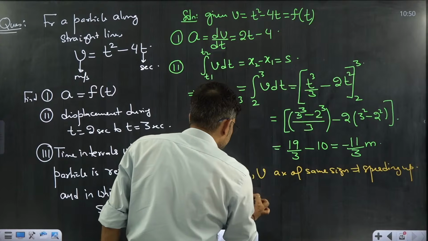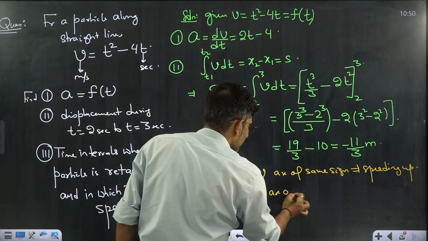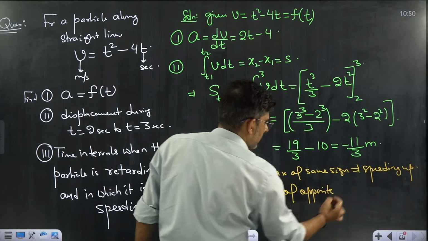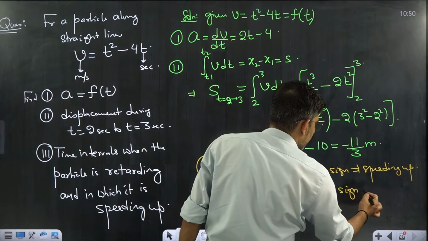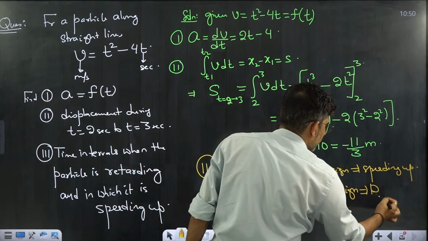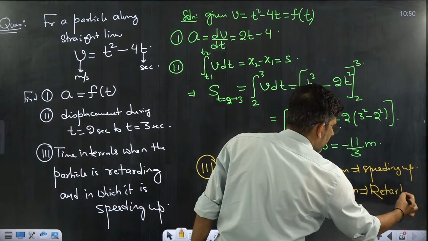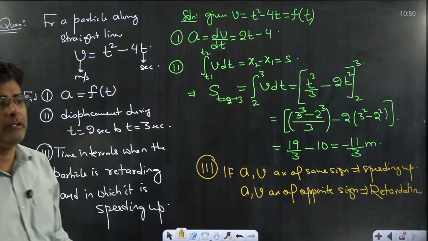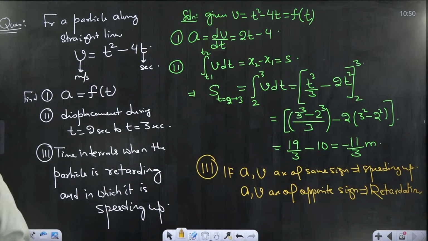And when acceleration and velocity are of opposite sign, one positive and one negative, or vice versa, meaning force and velocity are in opposite directions, it is called retardation. Remember this. Acceleration and velocity of same sign, speeding up. Acceleration and velocity of opposite sign, then it is retardation.